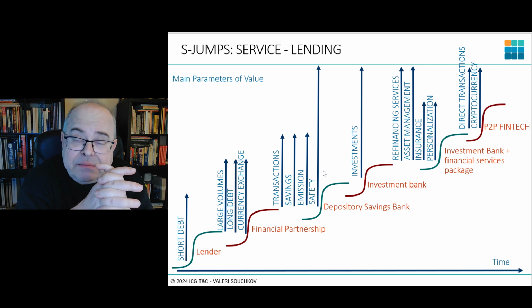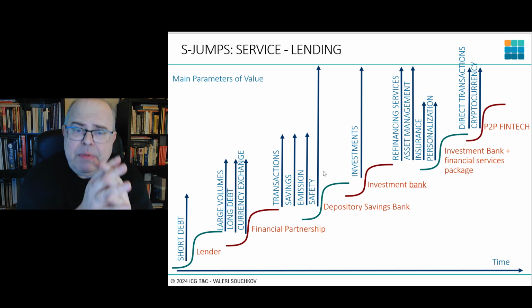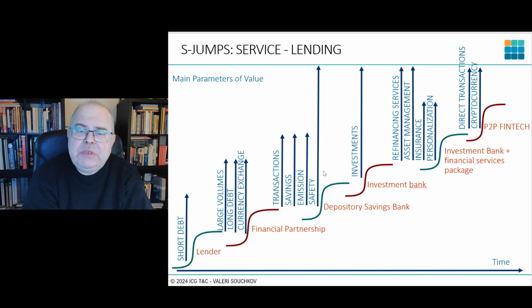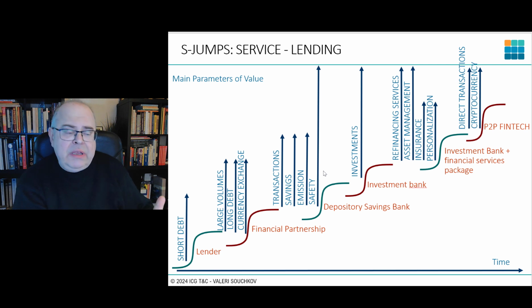the depository bank provided safety. Next was the investment bank. The investment bank was built on a totally new product, investment. Before, banks could only create money on lending. Now banks could invest.